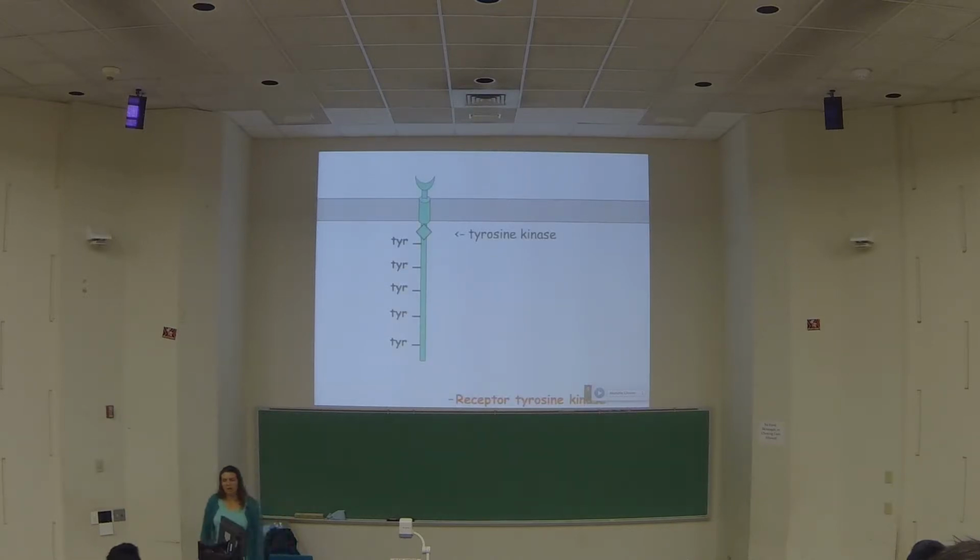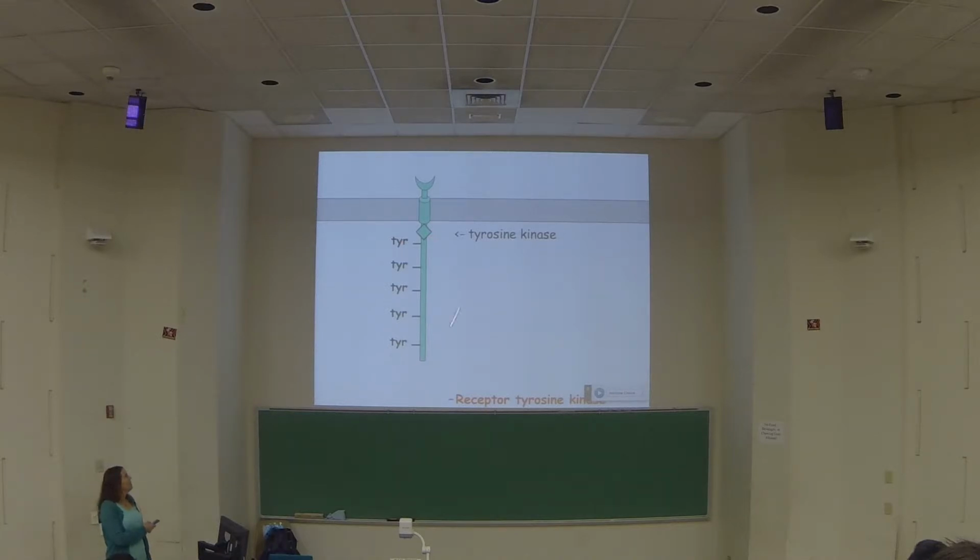So our receptors that are tyrosine kinases, here's our membrane. We have on the outside of the cell a receptor for some particular ligand. We have generally a single portion of that protein that passes through the membrane.